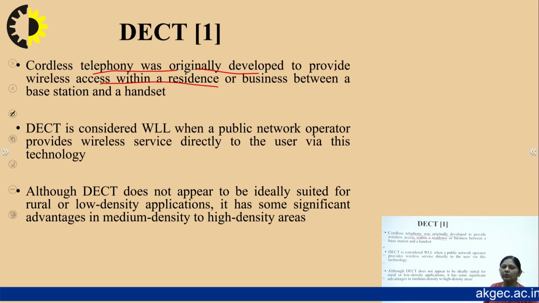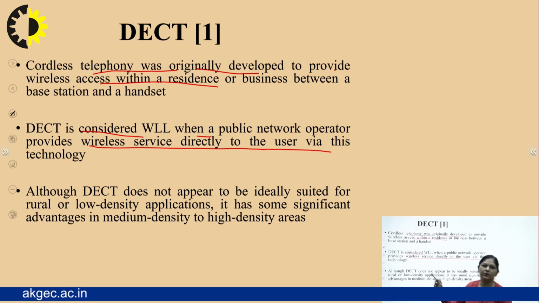Obviously, we all are familiar with cordless technology and we use it in our homes, where we are able to talk within our premises by connecting to the base station with a particular handset. DECT is considered WLL when a public network operator provides wireless service directly to the user via this technology.